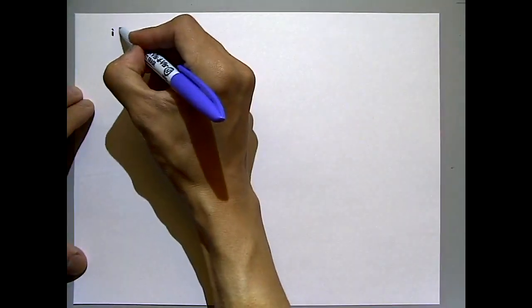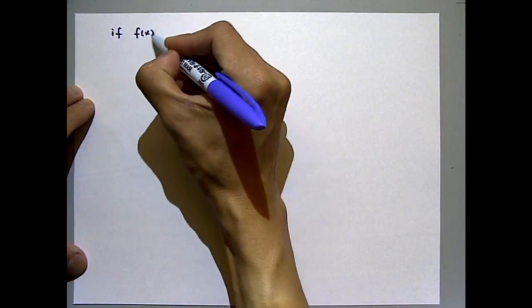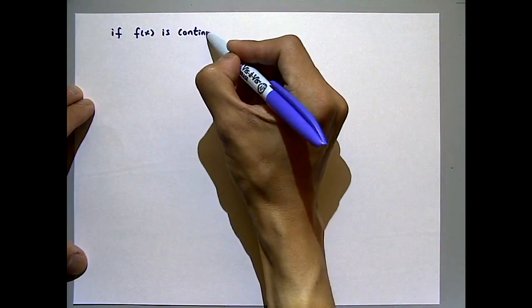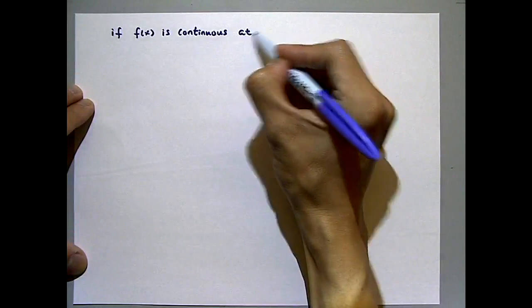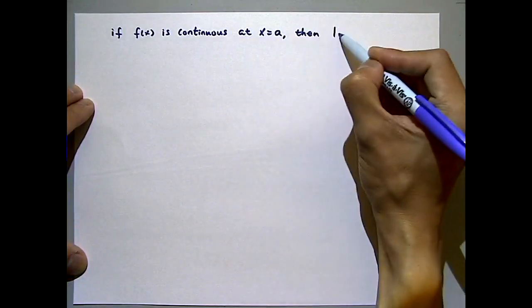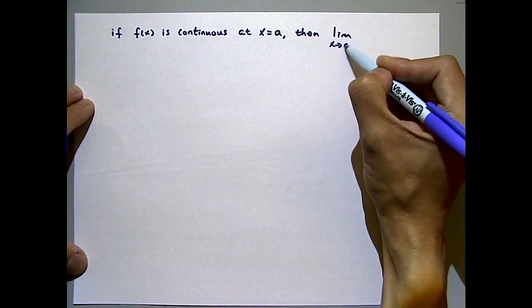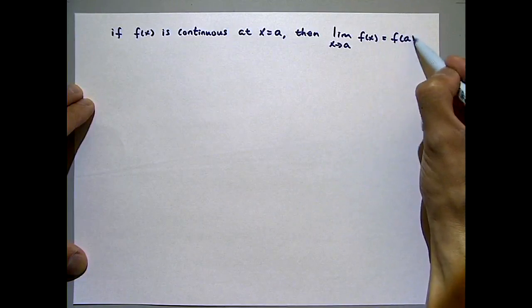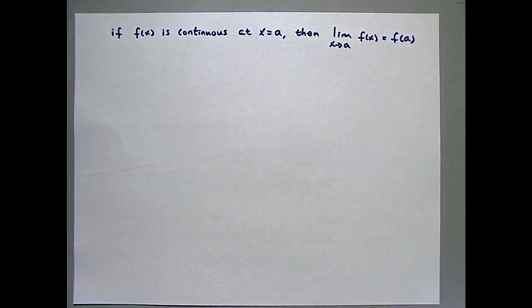Looking at that first graph again on the previous page. The important thing here that we can take advantage of is that if f of x is continuous at x equal to a, then the limit as x approaches a is simply whatever f will be at a.